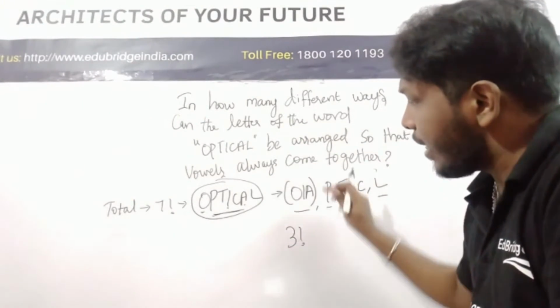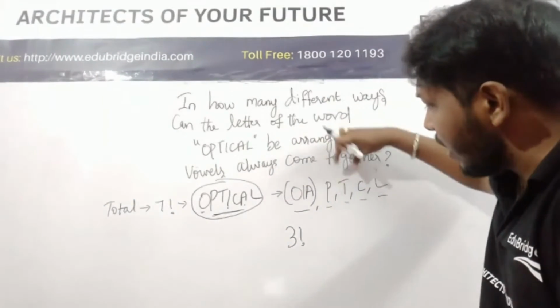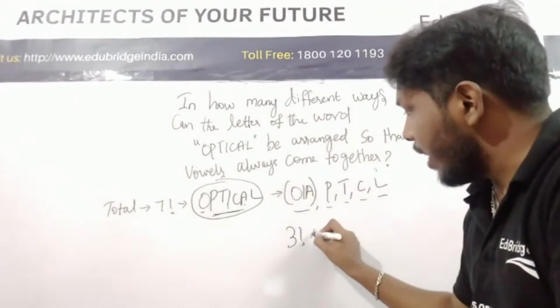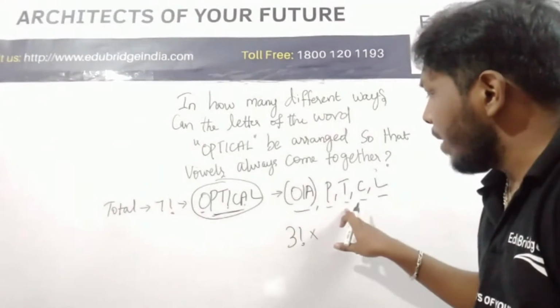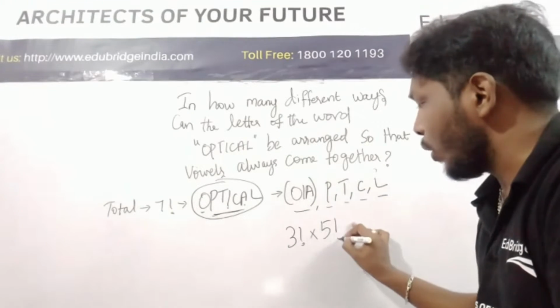And how many other letters are there? The OIA block can be placed here, here, here and here, and that can be arranged in a different way. So in how many ways can that be placed? That can be placed in 5 factorial.